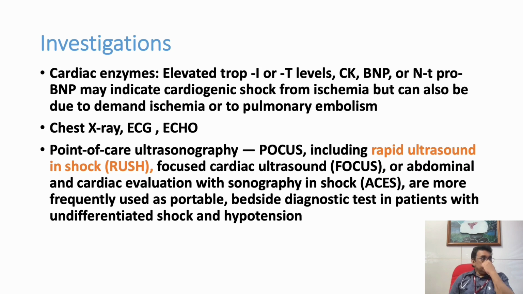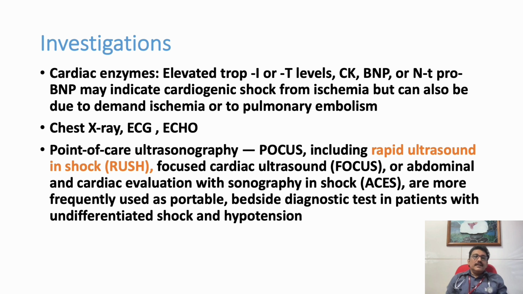Now other investigations: in all patients who are having shock, we can do cardiac enzymes. You know that whenever there is a reduced supply to the internal organs, heart also will be involved. Reduced blood supply to heart can increase the cardiac enzymes like CKMB or troponin T, and when there is reduced kidney function, that can aggravate the problem. So CKMB, troponin I, BNP, all these things can be done in emergency.